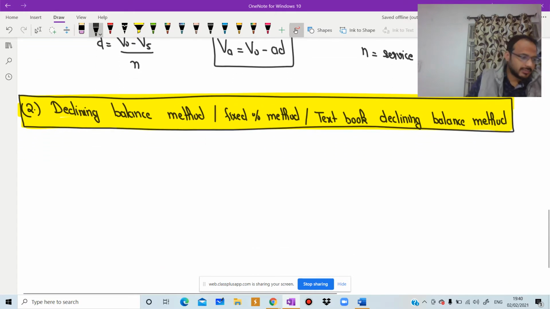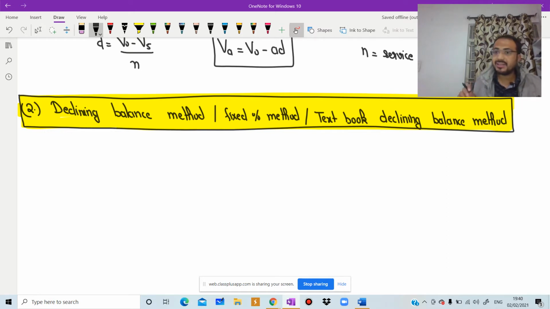Here we assume that the percentage depreciation of capital is the same for every year, but it does not mean that the depreciation is the same in every year. Depreciation is different, so here D1 is not equal to D2.